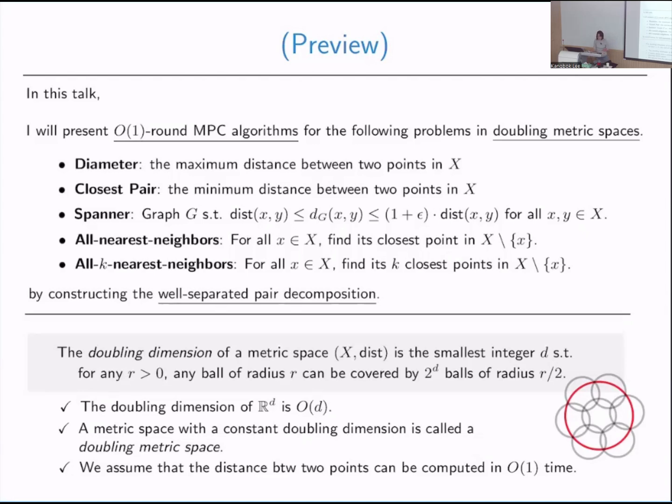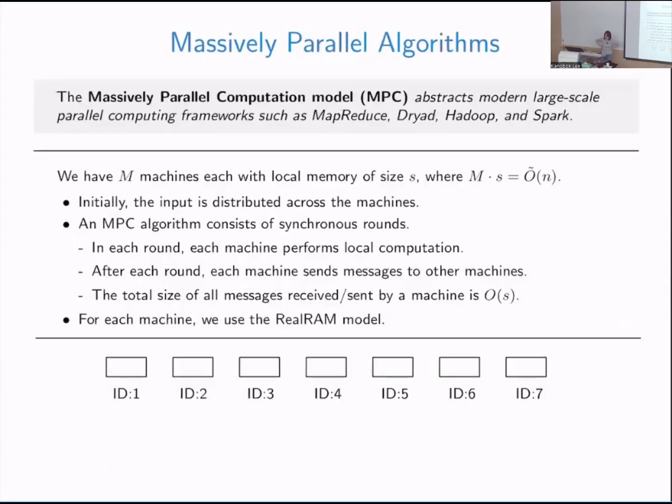Okay, then let's talk about the MPC algorithm. The massively parallel computation model abstracts modern large-scale parallel computing frameworks such as MapReduce. In this model, we have a number of machines, and using those machines, we want to solve a specific computational problem.